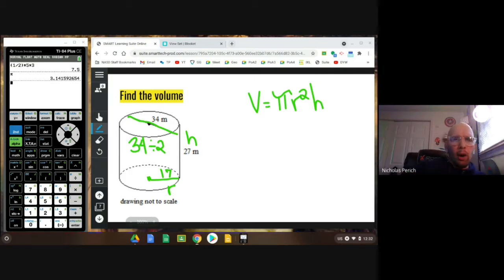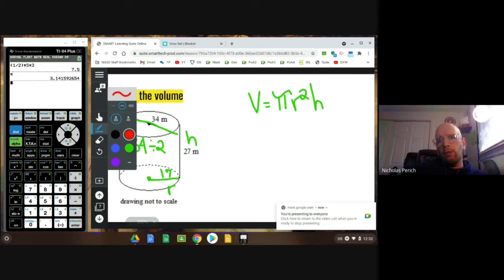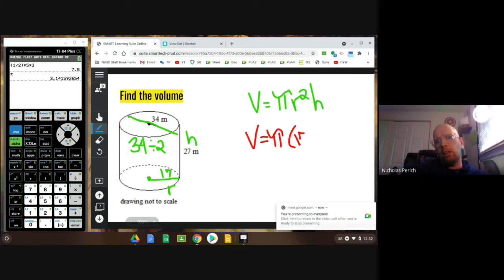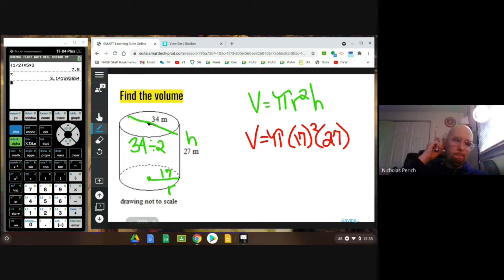So now that I know what I have, V equals pi times 17 squared times 27. So let's use my calculator over here this time. Pi, second caret thing, parentheses, 17, close parentheses.